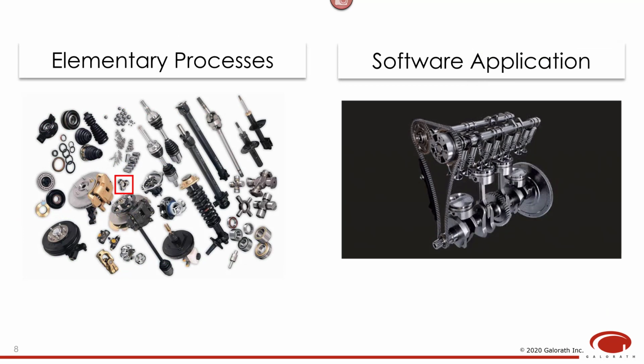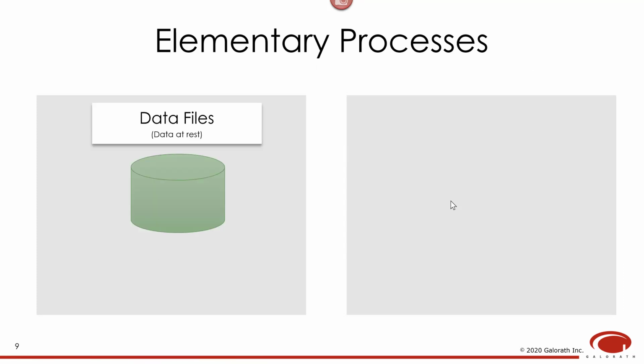So, in essence, an application can be seen as a collection of elementary processes. These elementary processes are integrated together, forming what is called a software application. The application itself works like an engine to satisfy the business requirements. So in summary, there are two major categories of elementary processes. We have data files, which are essentially the data at rest.